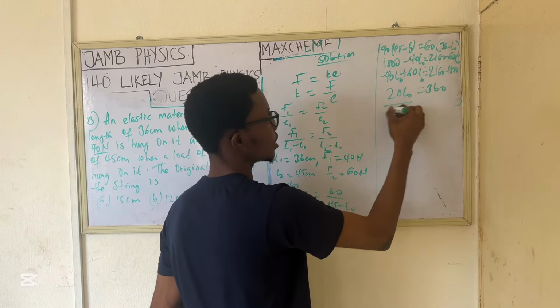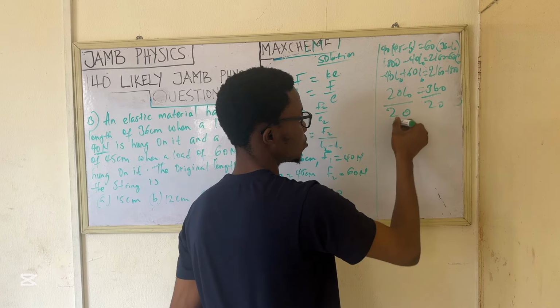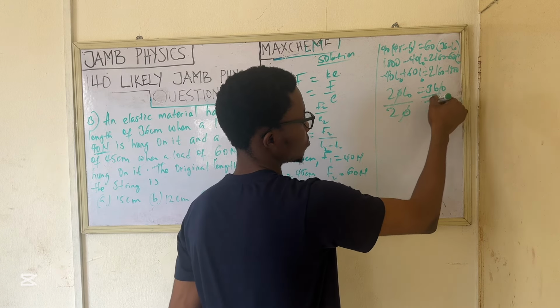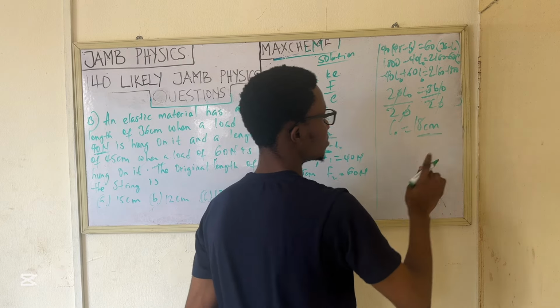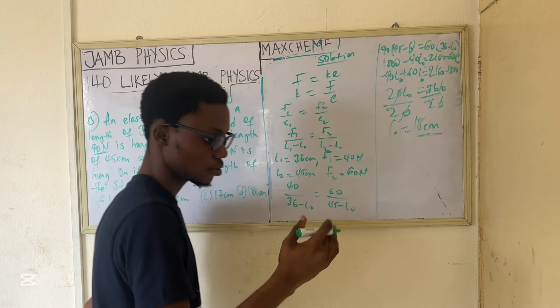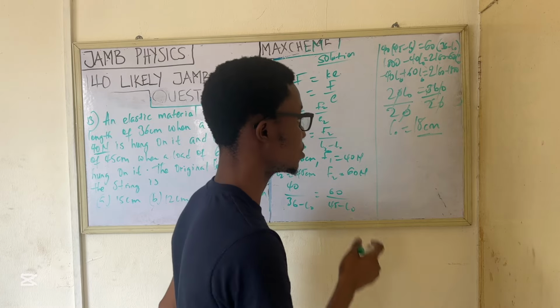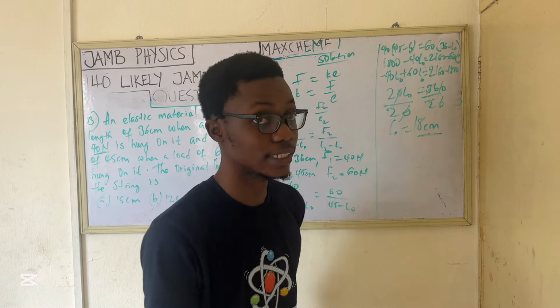So divide both sides by 20. L naught is equal to 18 centimeter. Remember the unit of your length is in centimeter. So this is 18 centimeter. That is the original length.